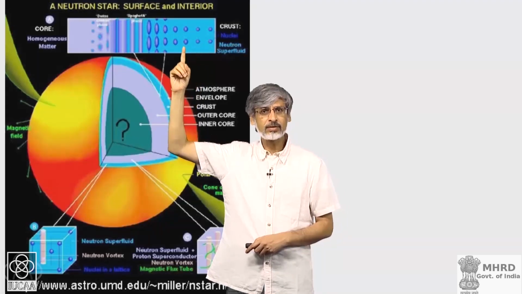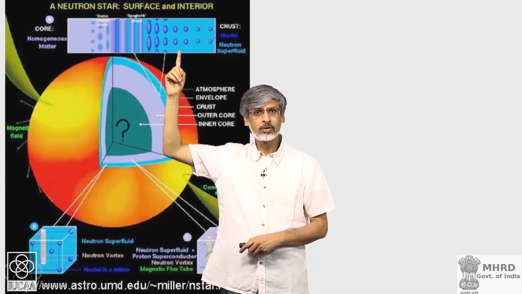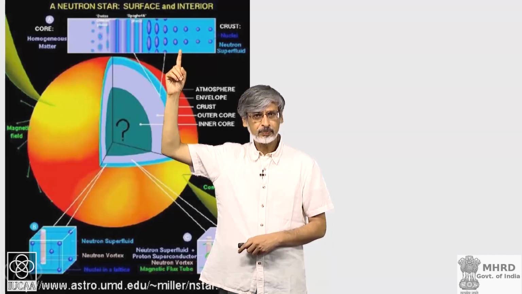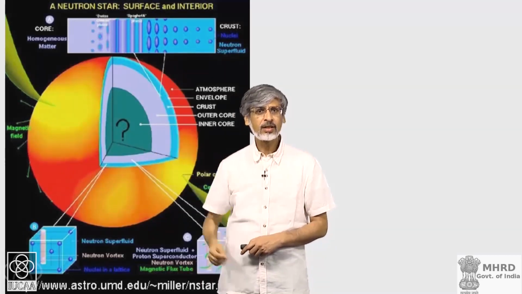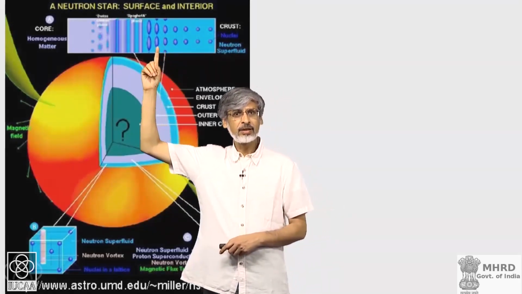which are spaced with a certain distance, and as you go to higher and higher densities, the nuclei not only become more and more neutron rich, they also become deformed, and they begin to take different types of shapes.